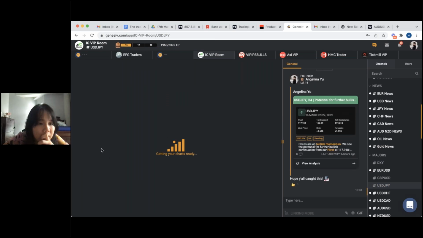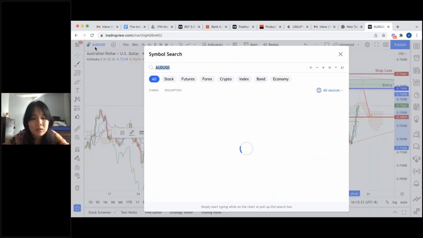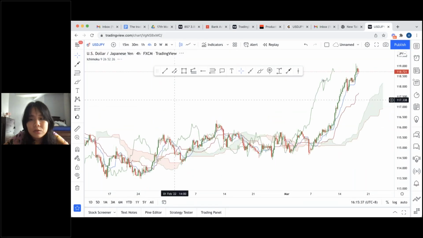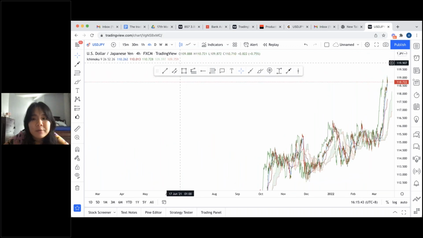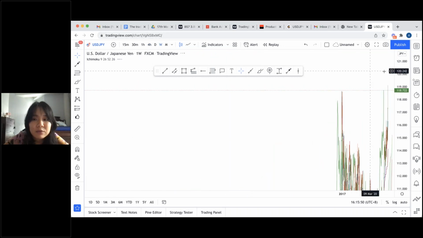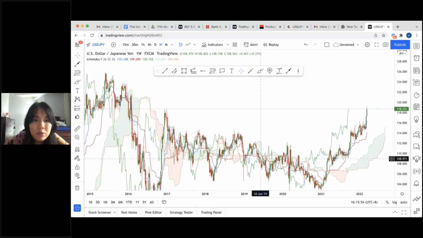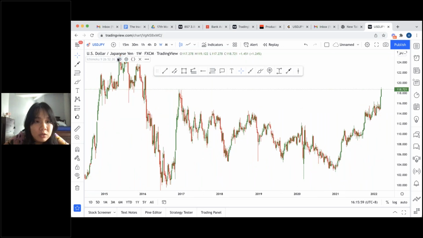Okay, I have a few requests. USD JPY, let me see. One piece of advice I can give, which helped me a lot in my trading process, is that I plan the levels rather than looking at the trades themselves every day. I look at the levels that have higher probability on the weekends, then I wait for price to go towards me before I go in on any trades.